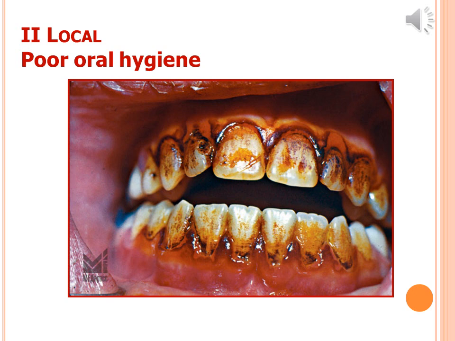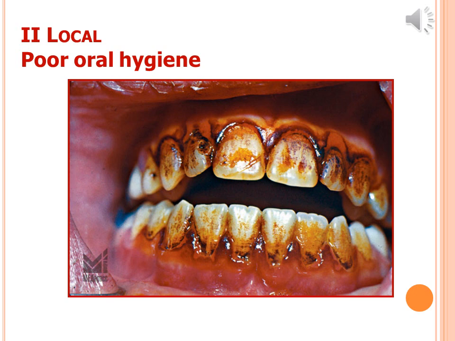The next local factor, the big factor, is dental plaque. Bacterial plaque is a dense, non-mineralized, highly organized mass of bacterial colonies in a gel-like intermicrobial, enclosed matrix or slime layer.